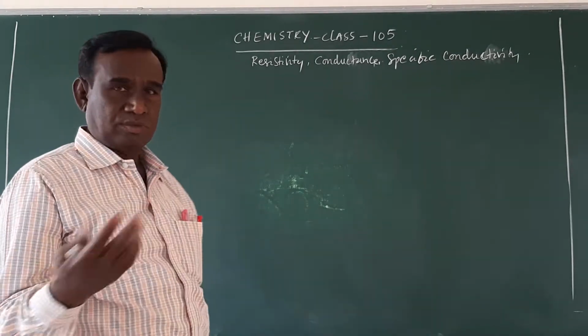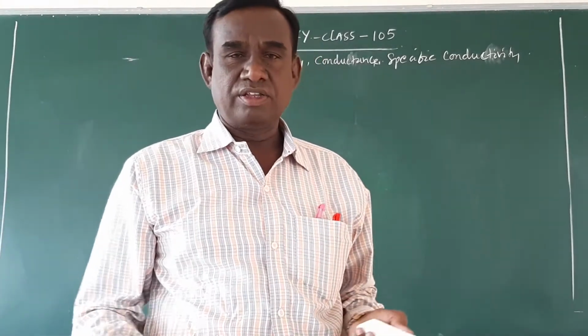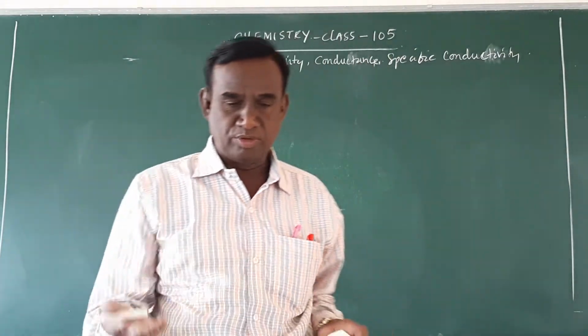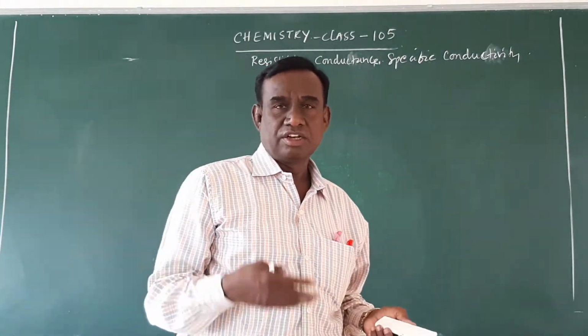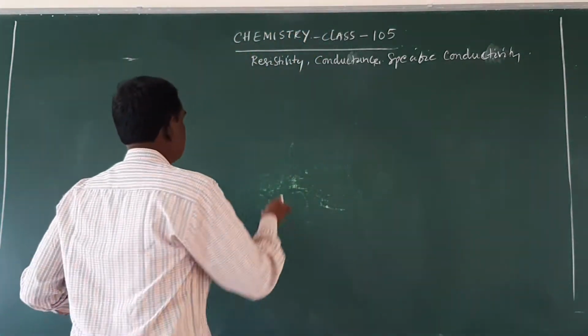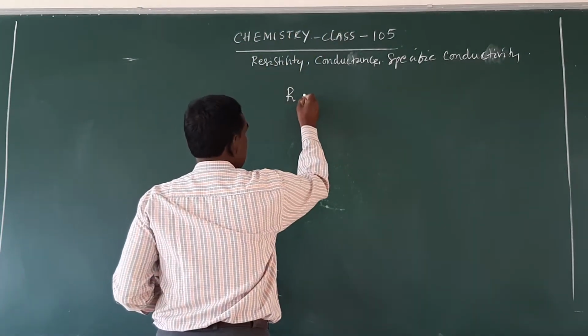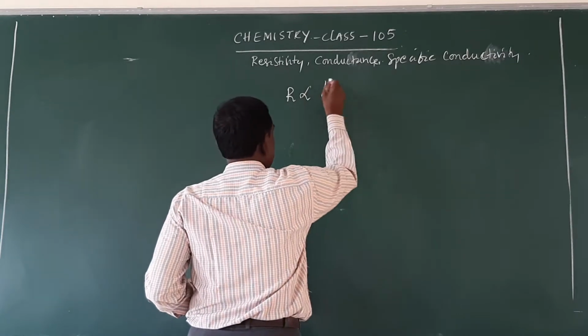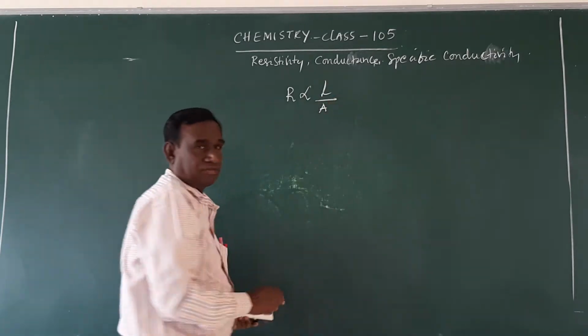Almost all substances offer resistance to the flow of charges through them. The resistance of the material is directly proportional to the length of the conductor and inversely proportional to the area of cross section.